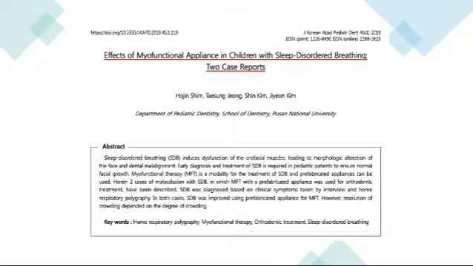Myofunctional therapy (MFT) is a modality for the treatment of SDB, and a prefabricated appliance can be used. Here, two cases of malocclusion with SDB, in which MFT with a prefabricated appliance was used for orthodontic treatment, are described. SDB was diagnosed based on clinical symptoms taken by interview and home respiratory polygraph.